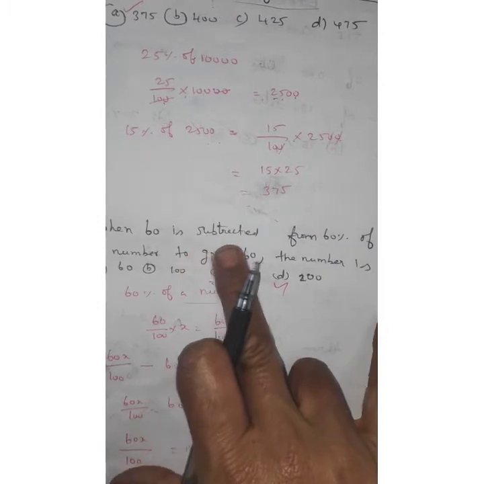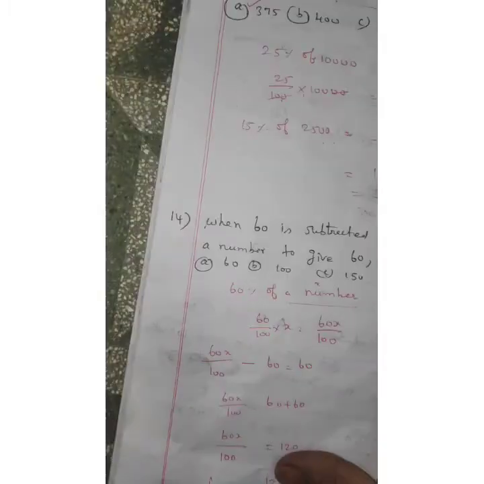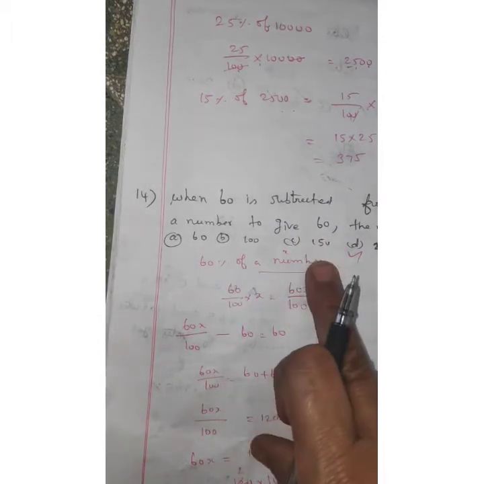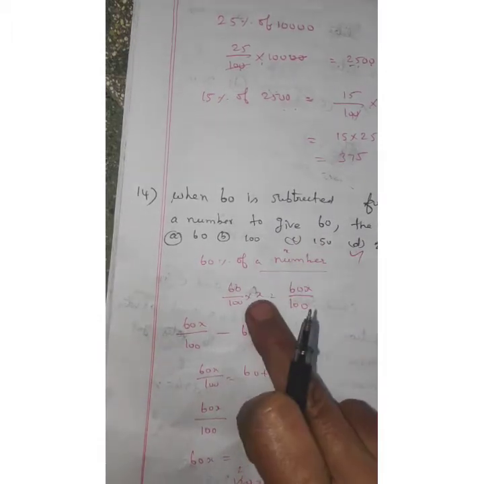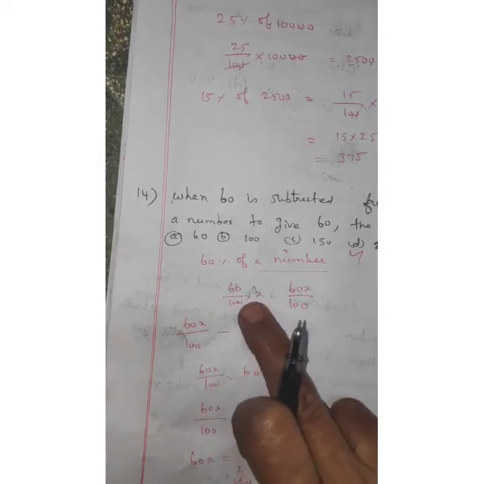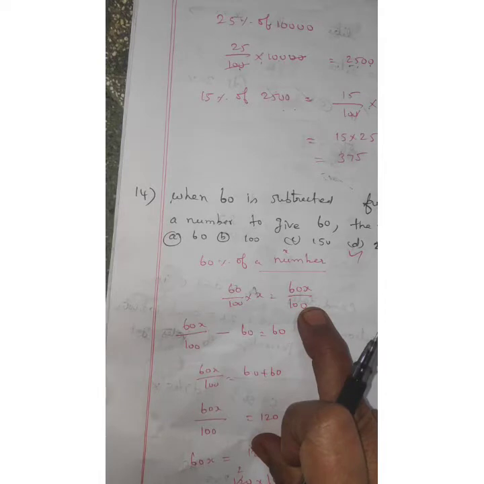When 60 is subtracted from 60 percentage of a number, it gives 60. So 60 percentage of a number is unknown, we take it as x. 60 percentage of a number is 60 by 100 into x, equal to 60x divided by 100.